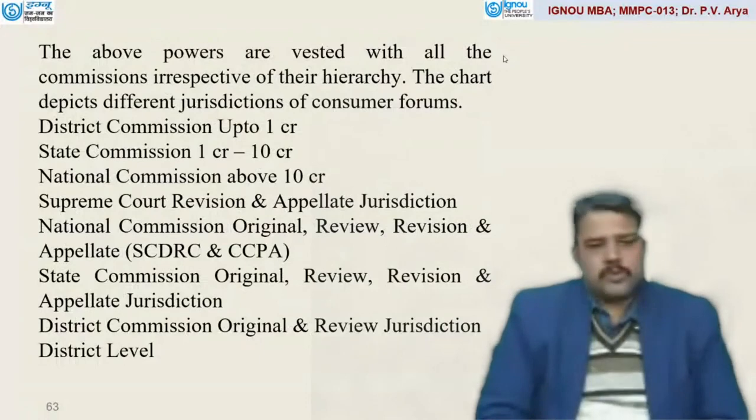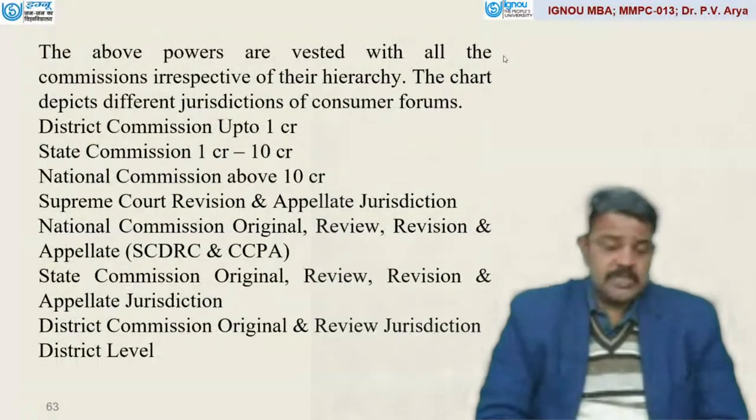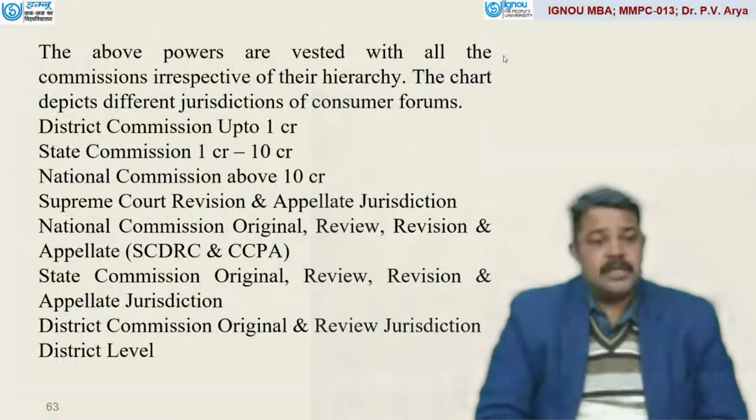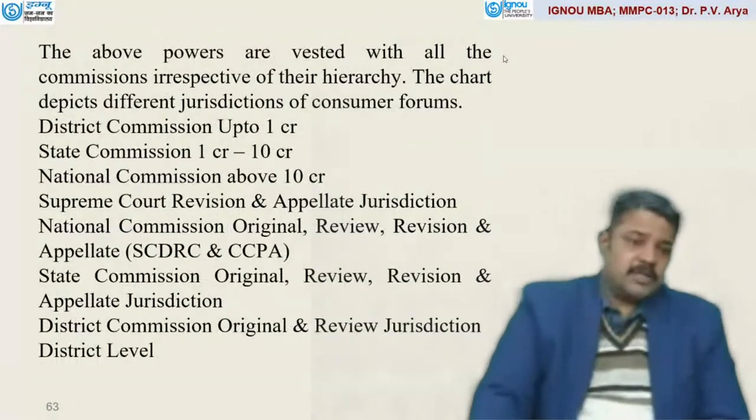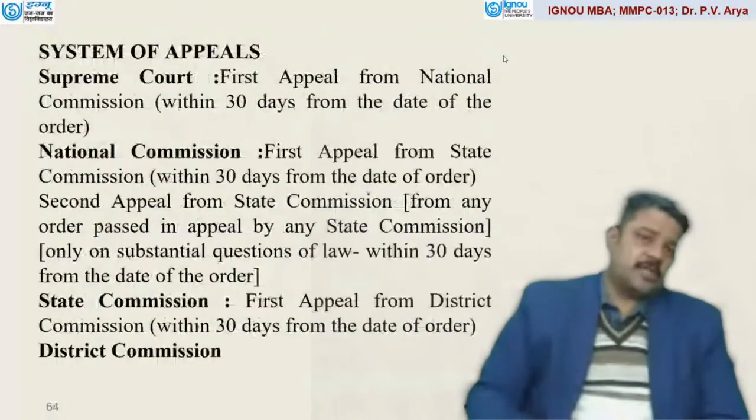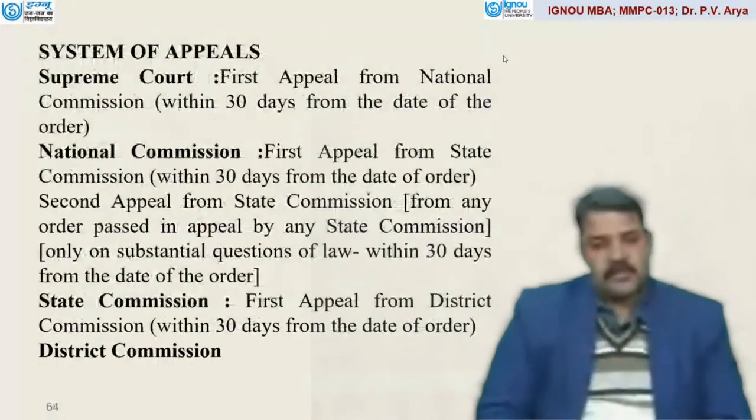The Supreme Court has revision and appellate jurisdiction; the National Commission has original, review and revision jurisdiction, with appeals from the SCDRC and CCPA; the State Commission has original, review, revision, and appellate jurisdiction; the District Commission has original and review jurisdiction at district level. So this is a hierarchy with which one can approach for their grievance.